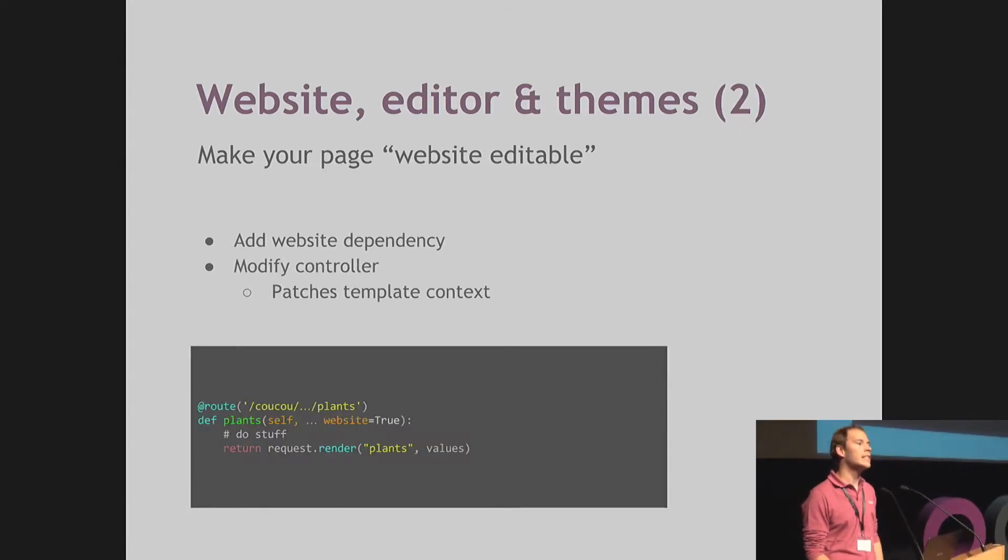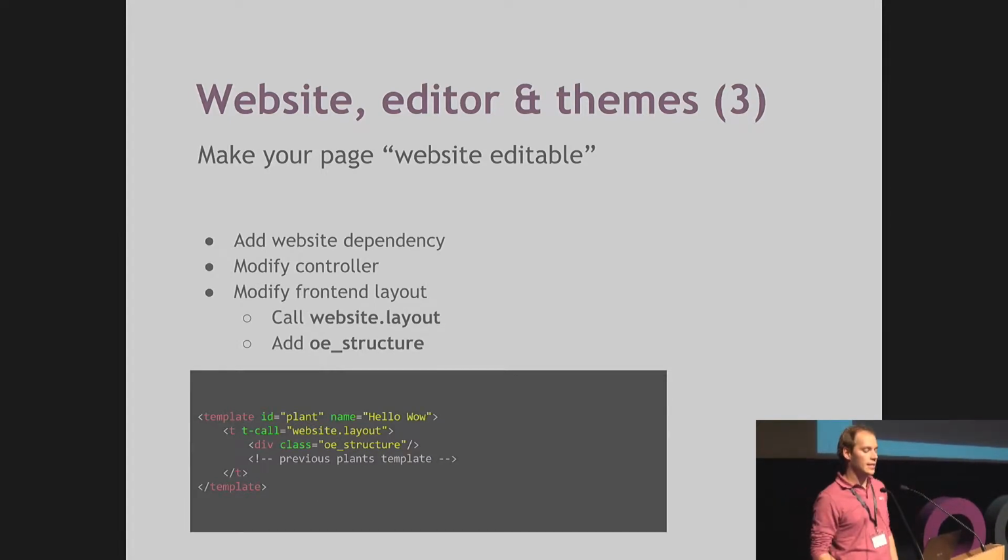The second thing to do is to modify the controller that Thibaut showed you. It's just a key website equal true that will modify the rendering context of the template to allow you to use the website template.